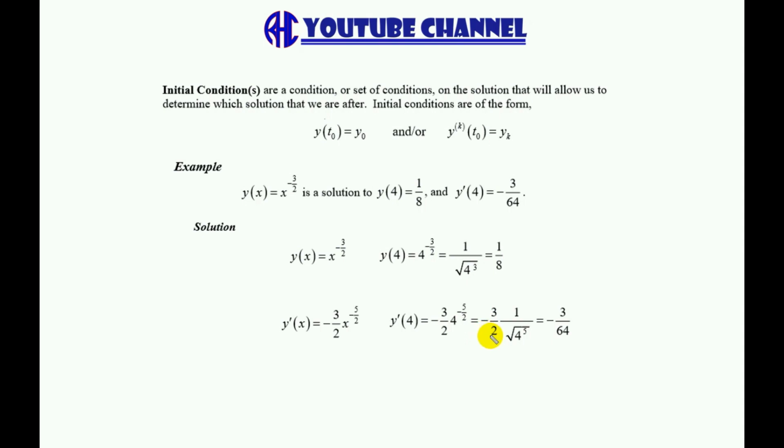Or equal yan sa negative 3 halves times the quantity 1 over the square root of 4 raised to 5. So, magiging resulta niyan is negative 3 over 64. Which is equivalent or equal sa initial condition natin na negative 3 over 64. So, yun lang.